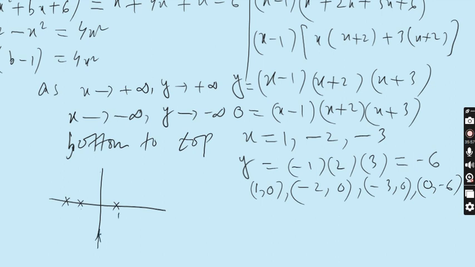So this is 1, minus 2, minus 3, and minus 6. This is the graph from bottom to top. I hope you completely understand part B. Now move to part C.